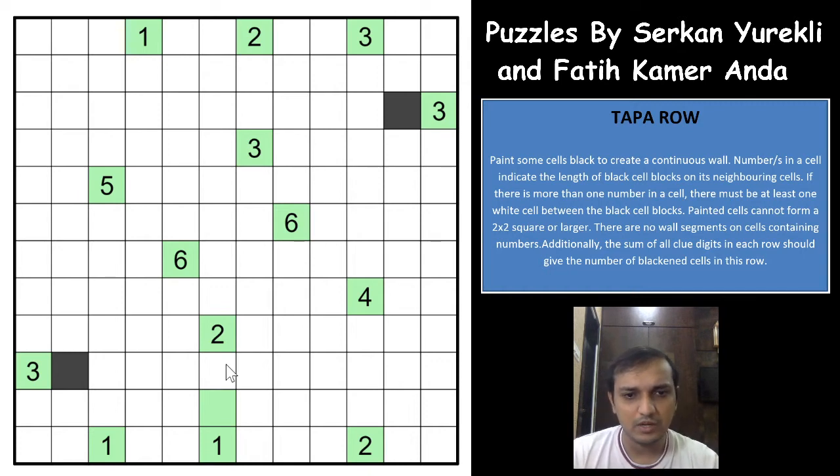There has to be some different logic here. Maybe this cannot be shaded and this cannot be shaded, because if this is shaded, it cannot go up like this, because both the one clues will be unsatisfied. This cannot be shaded, because then this will be unshaded, and you have a standard group of unshaded cells.